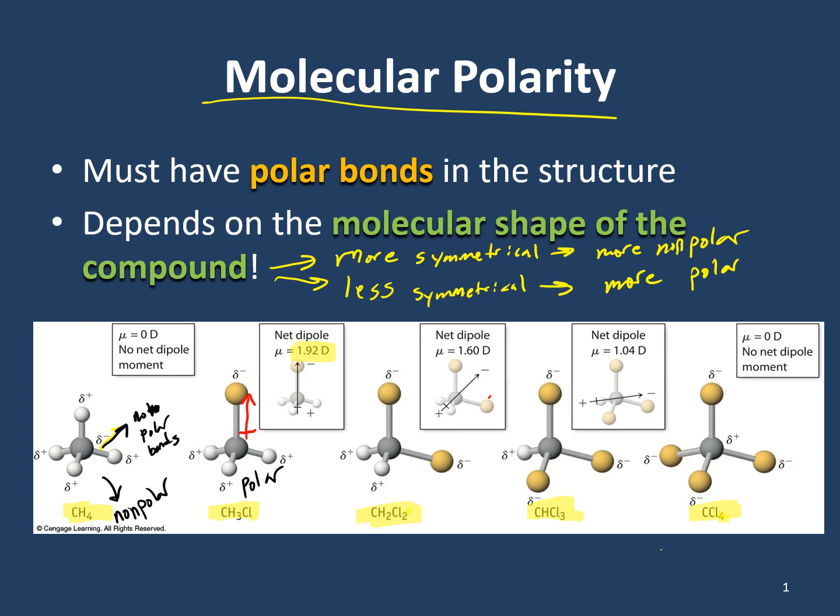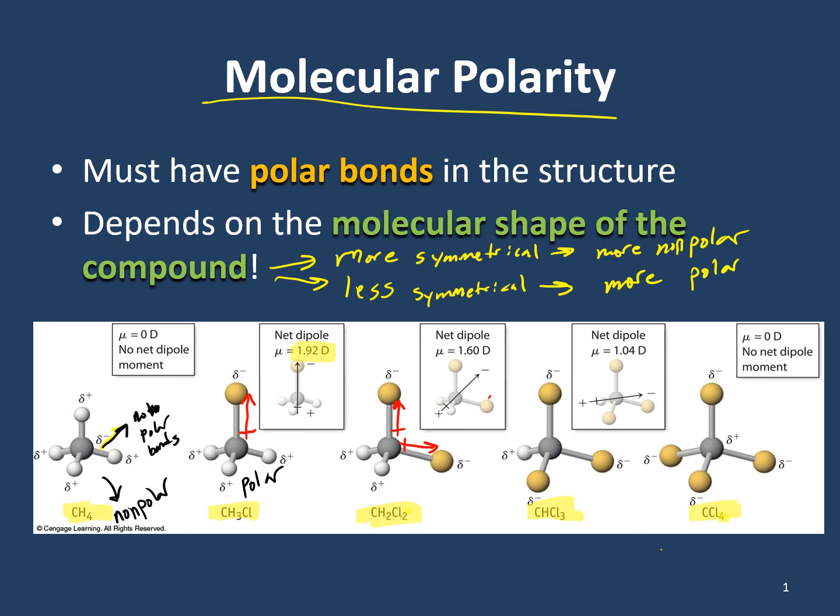So let's talk about our next molecule. Our next molecule is CH2Cl2. Now in this molecule, we have 2 polar covalent bonds, one here and one here. Both the carbon-chlorine bonds are polar covalent bonds. And because of this, we have dipole moments of electrons getting pulled towards each one of those chlorine atoms.